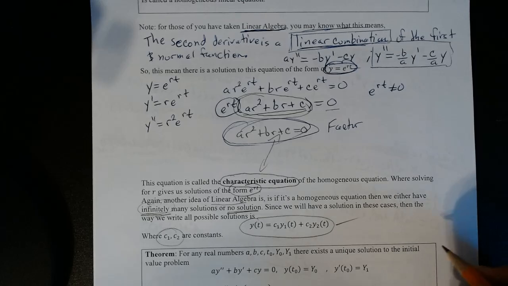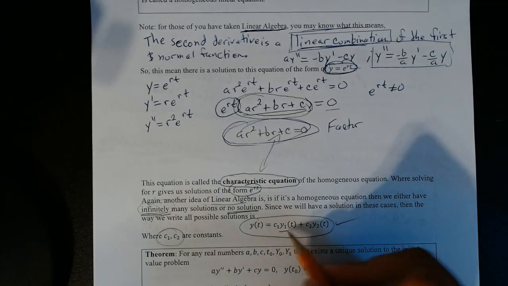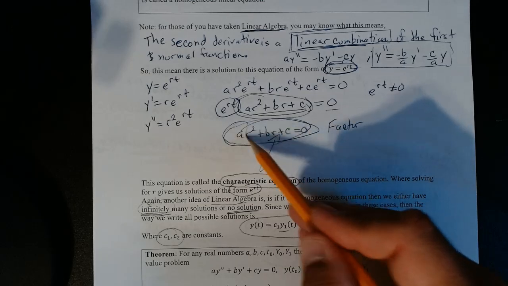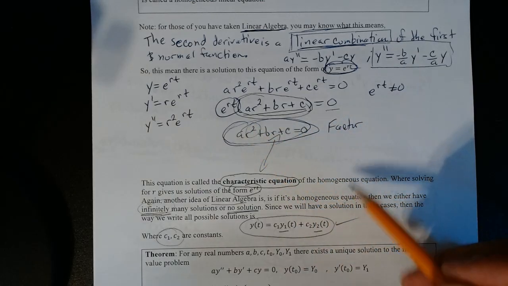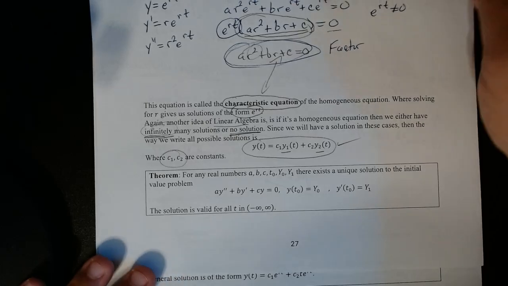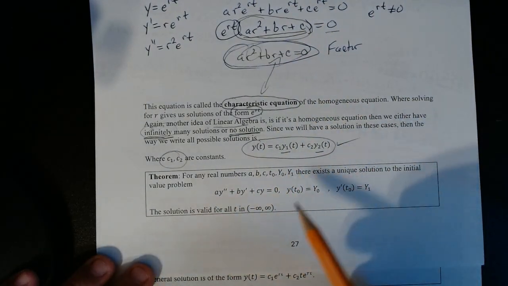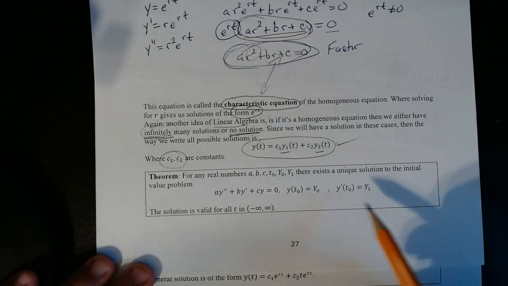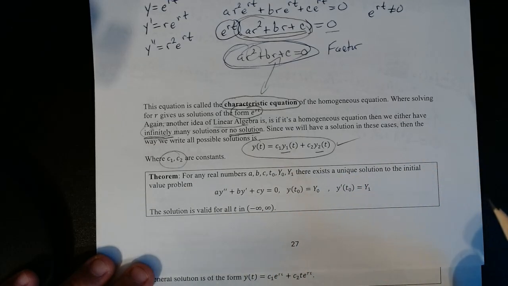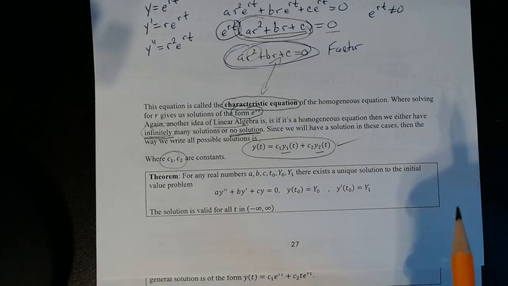This is our general solution for a homogeneous equation, where y1 and y2 correspond to the r's themselves. The next couple of theorems and lemmas correspond to exactly what that is, in basic format. Given any initial value problem, we can basically solve it using our homogeneous situation.